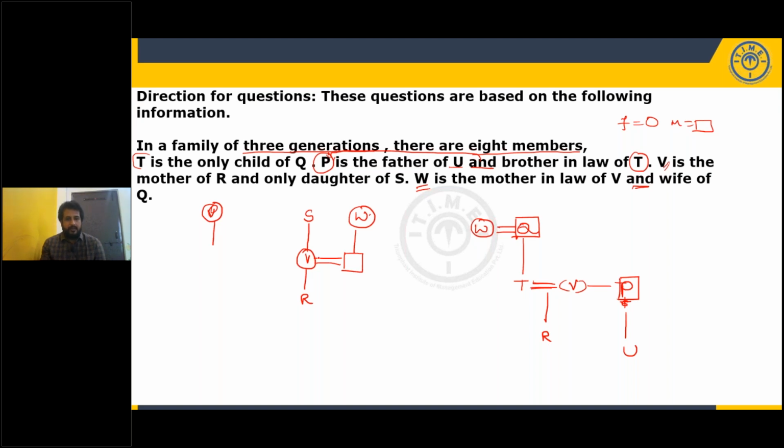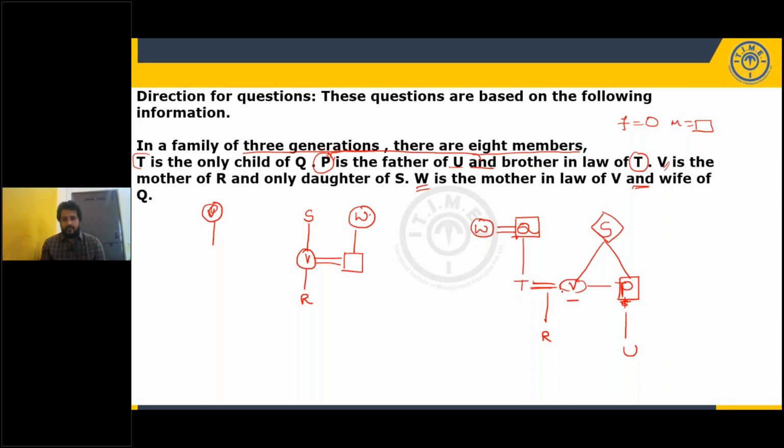Next, V is the daughter of S. So V and P are siblings. For this V and P, S is the parent. But after completion of the arrangement, we are still unable to decide the gender of S. And here we know that V is the daughter, V is the mother.